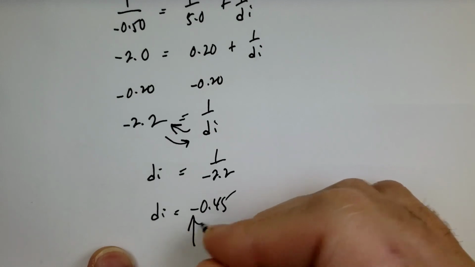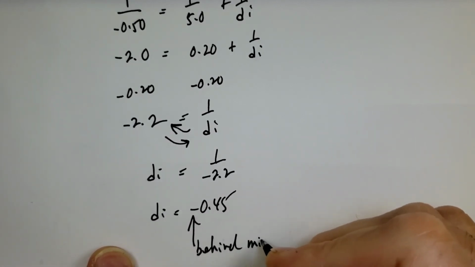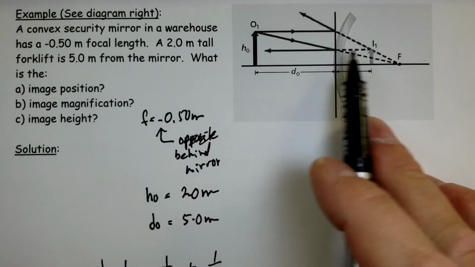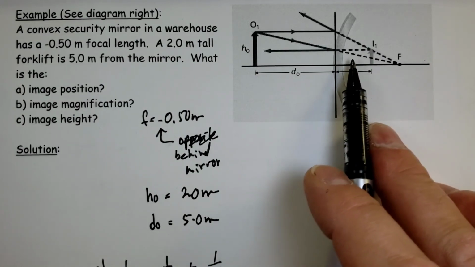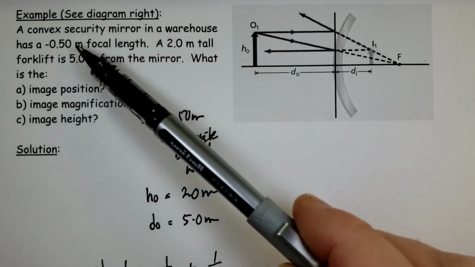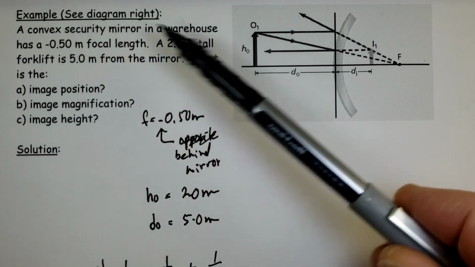So of course that negative means behind mirror. So it appears that the image is 0.45 meters behind the mirror. Another thing to point out is just be careful here. In these questions we had the same unit. The other one we had centimeters, centimeters, centimeters. This one we have meters, meters, meters.